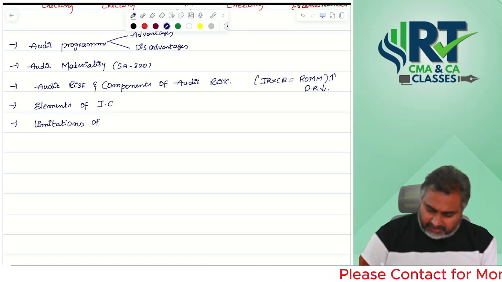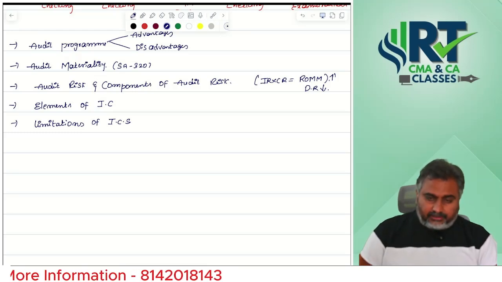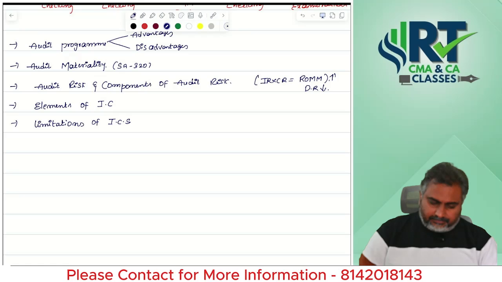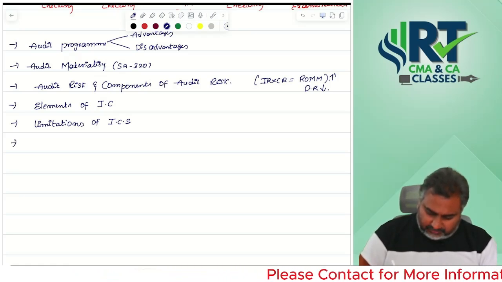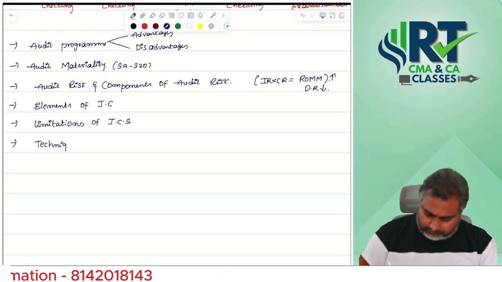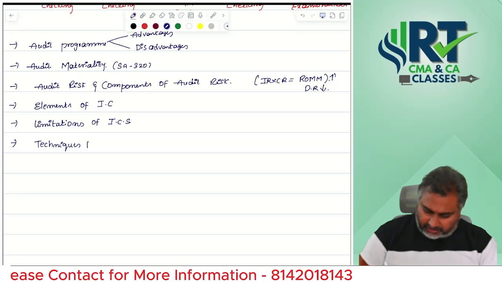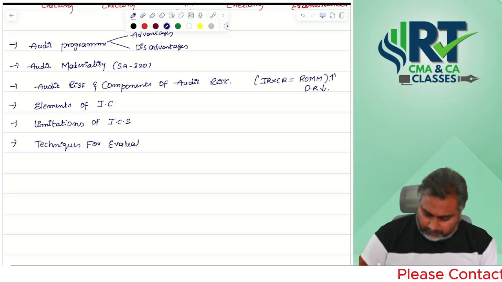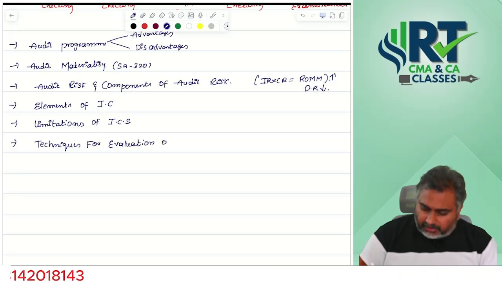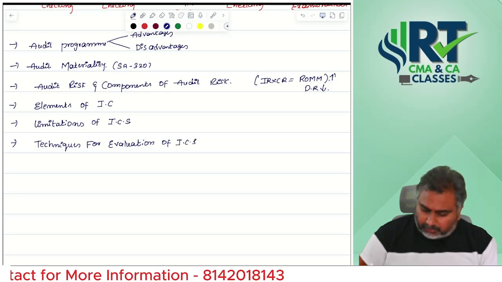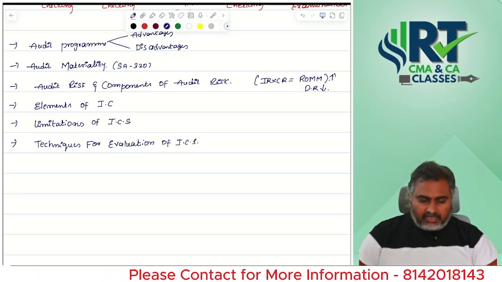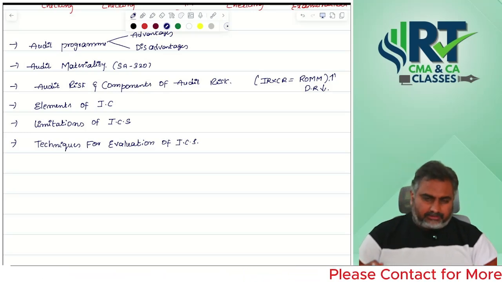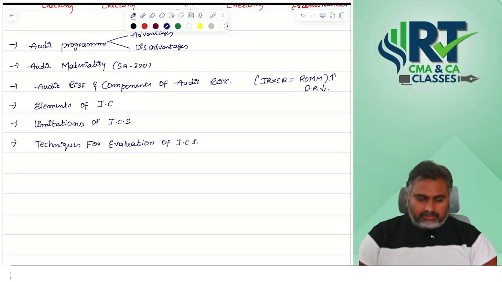Limitations of internal control system, the most wanted question under the internal control chapter. Next, techniques for evaluation of internal control system by the auditor, like narrative records, checklist, internal control questionnaire, and flow chart.